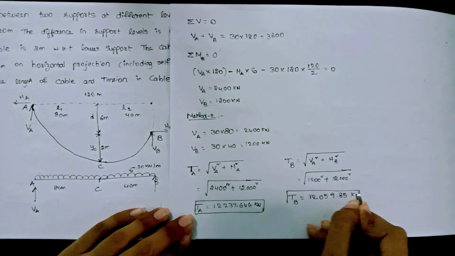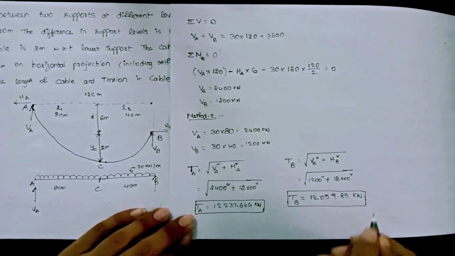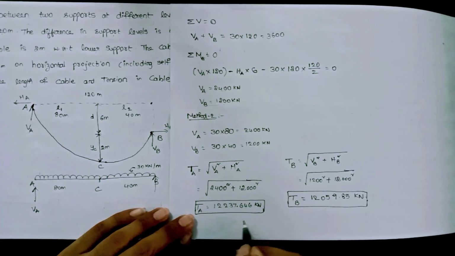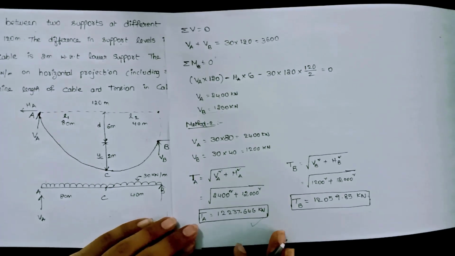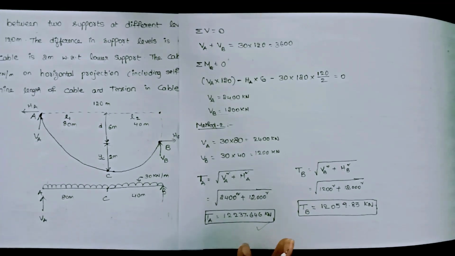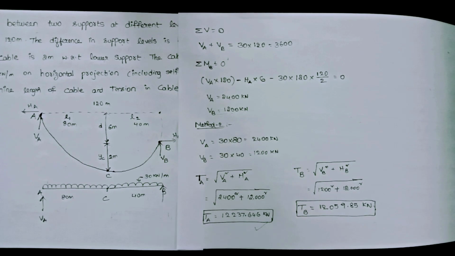So this is the tension at B. From these two values we can say that this is the maximum tension occurring in the cable, okay. So this is the procedure of analyzing a cable when it is subjected to UDL over entire span having the supports at different levels. Thank you.